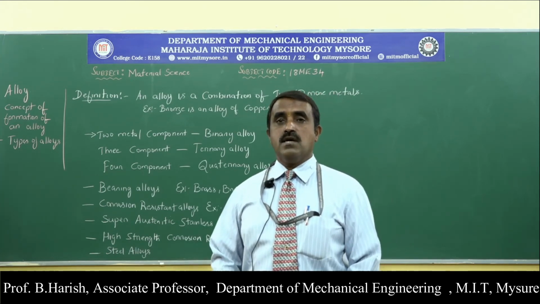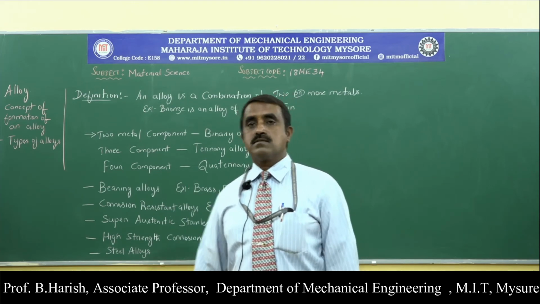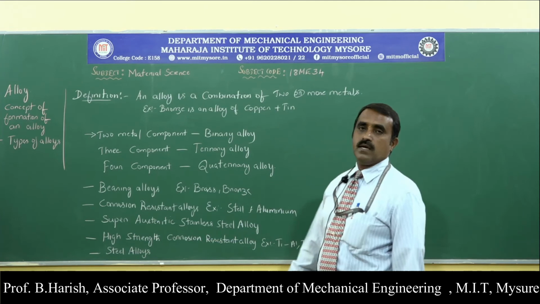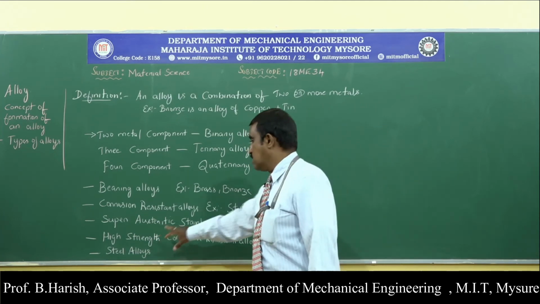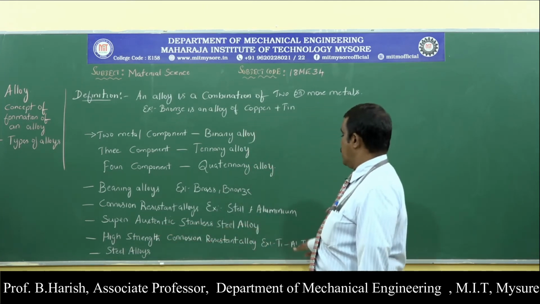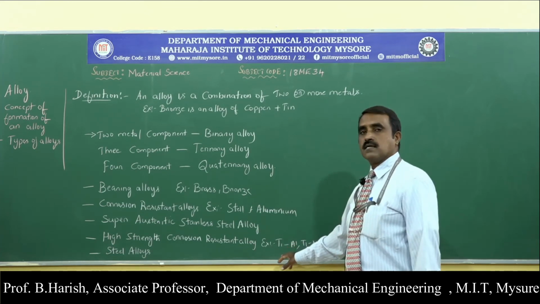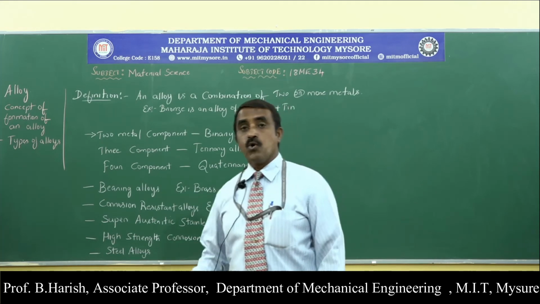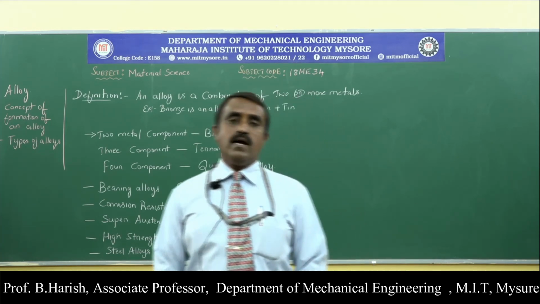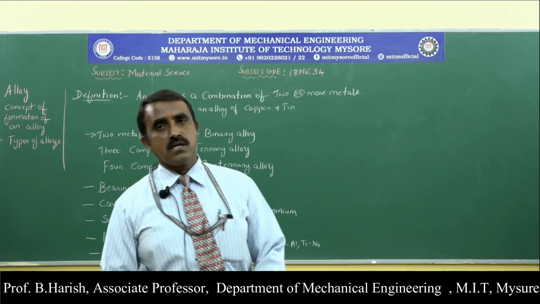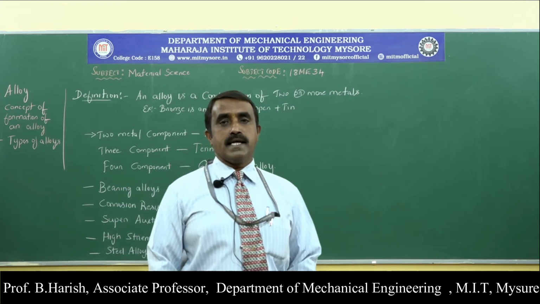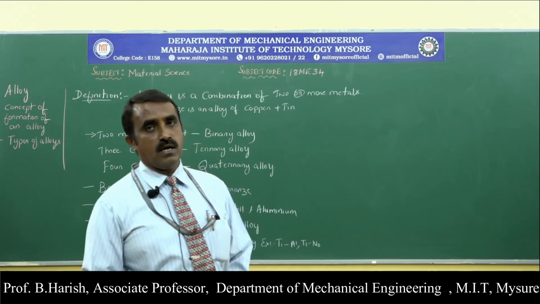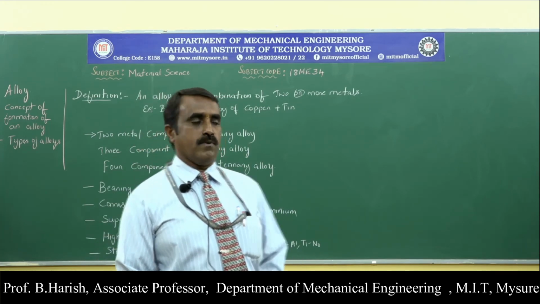In such cases, we form alloys which will have high strength and corrosion resistance. Example, titanium mixed with aluminum, titanium mixed with niobium, where along with corrosion resistance, it increases the strength. That is one more type of alloy which can be formed.